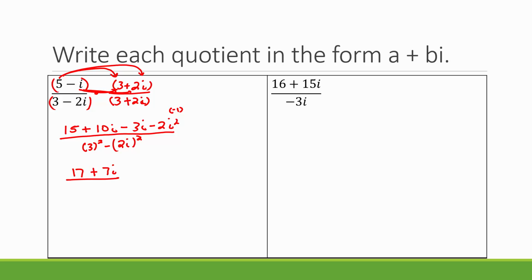In our denominator, 3 squared is 9. 4i squared. Again, I squared is negative 1. So negative 1 and negative 4 makes positive 4.